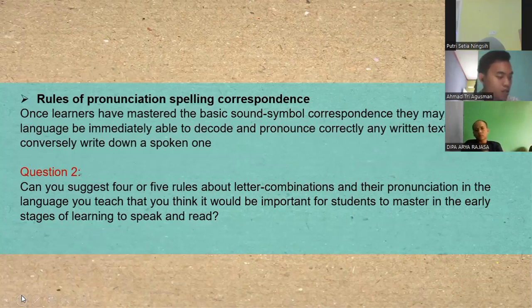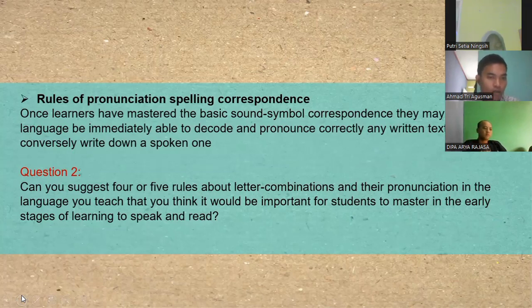The rules of pronunciation, spelling, correspondence. Once learners have mastered the basic sound symbol correspondence, they may, in some languages, be immediately able to decode and pronounce correctly a written text, or conversely, write down a spoken one.